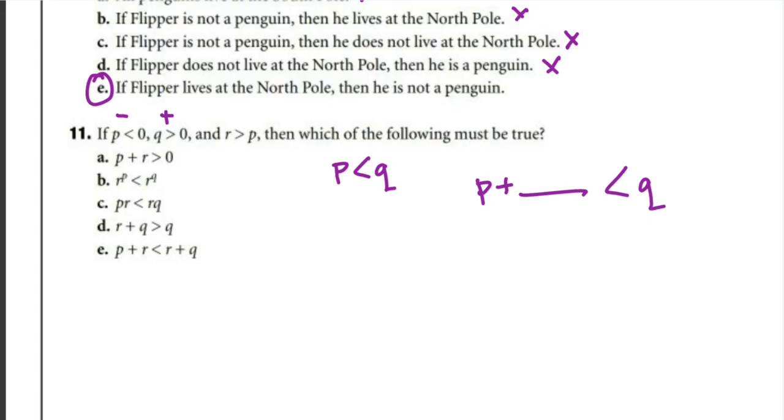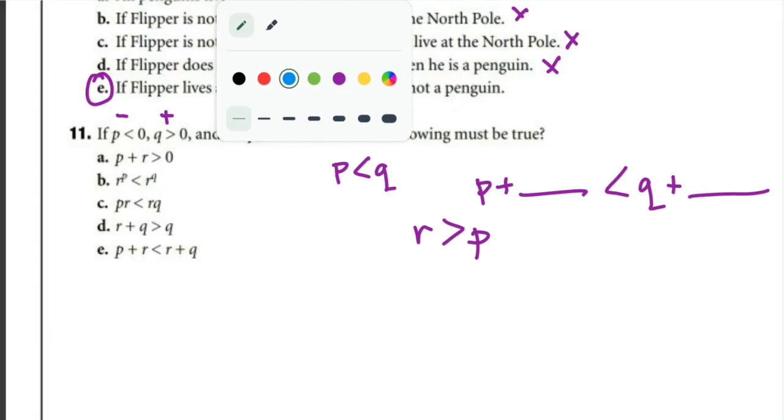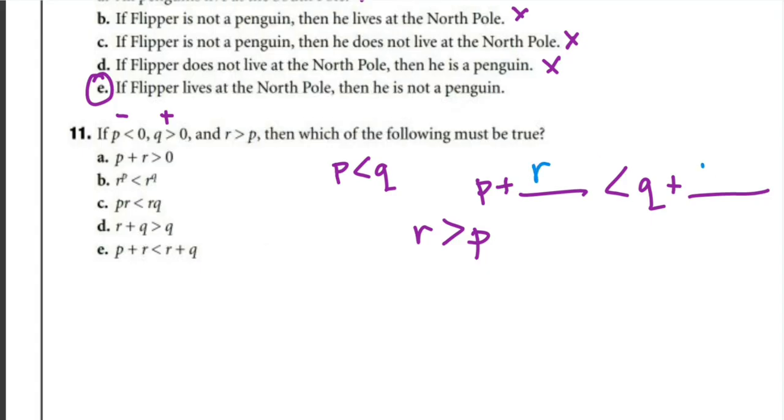So we're given here R greater than P. If we add R to P and Q, that would mean P plus R is less than Q plus R.